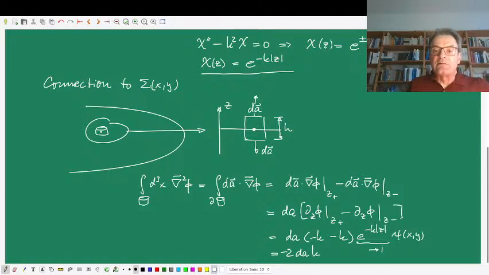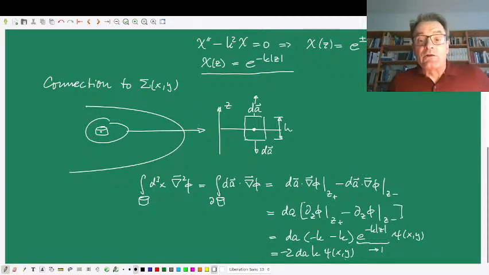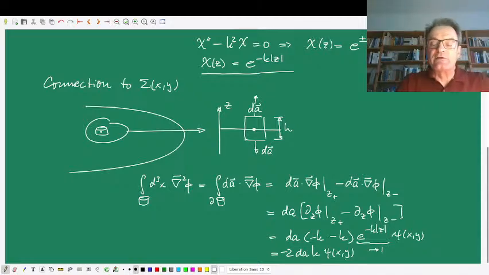Because the z derivative just does not act on psi of x and y. All right, so this is the statement from Gauss' theorem. And you may remember that this has a lot to do with looking at boundary conditions for electromagnetic fields, where one uses exactly the same trick with a little box that encloses the point of interest.